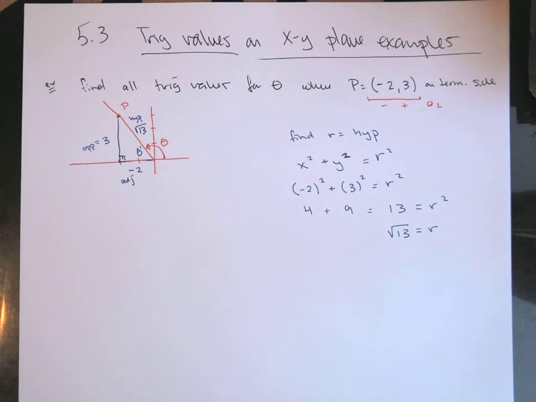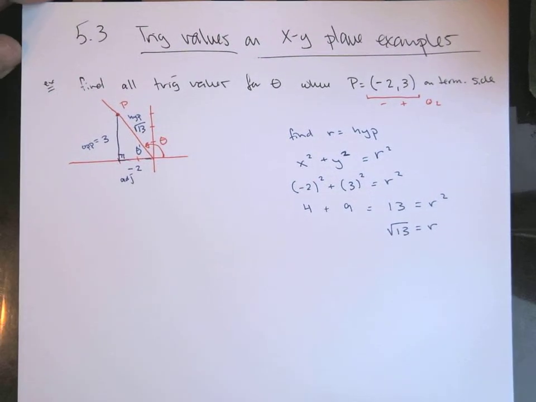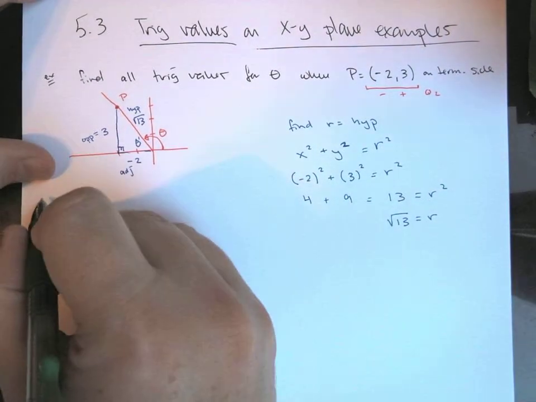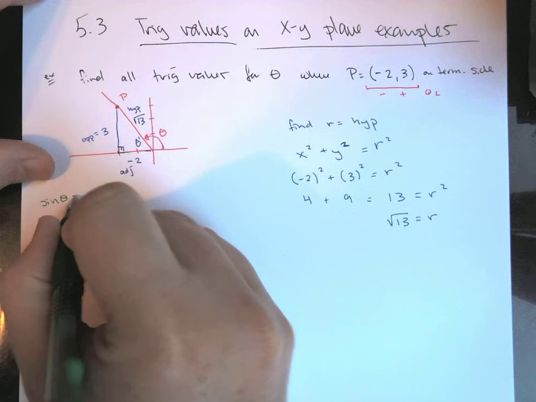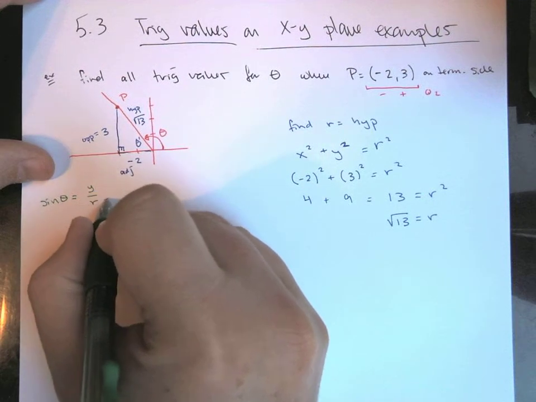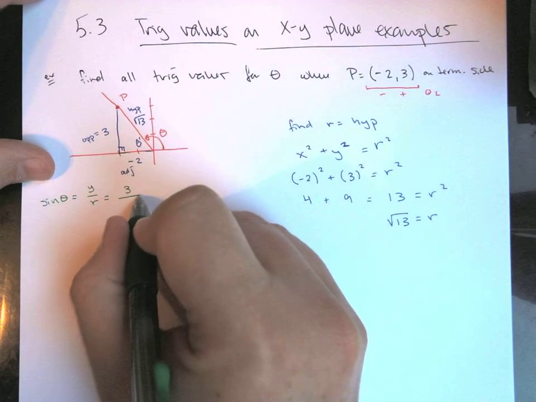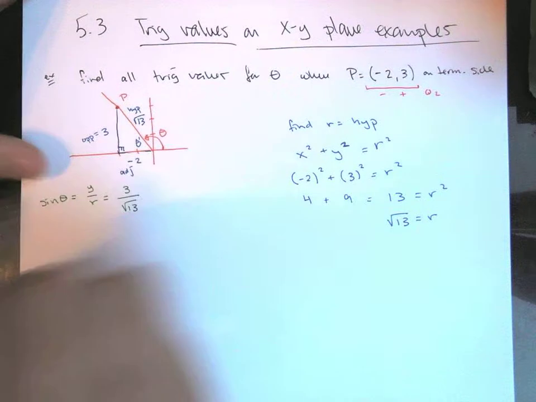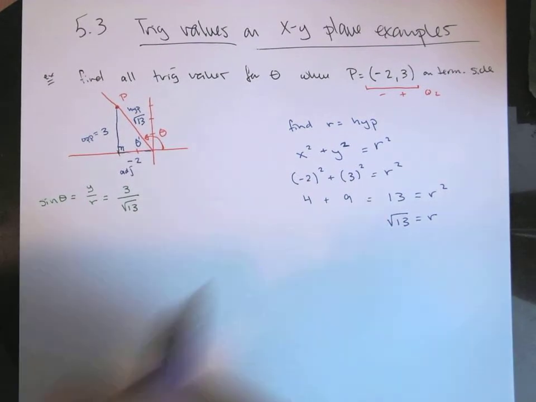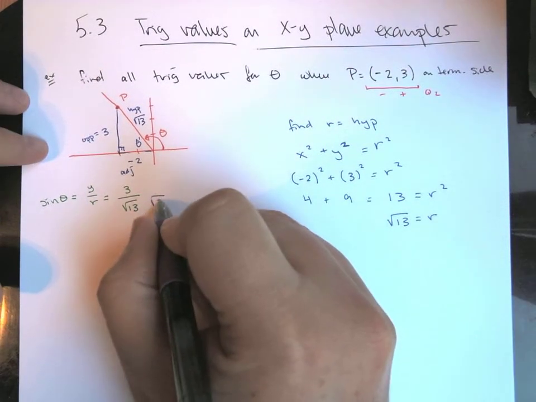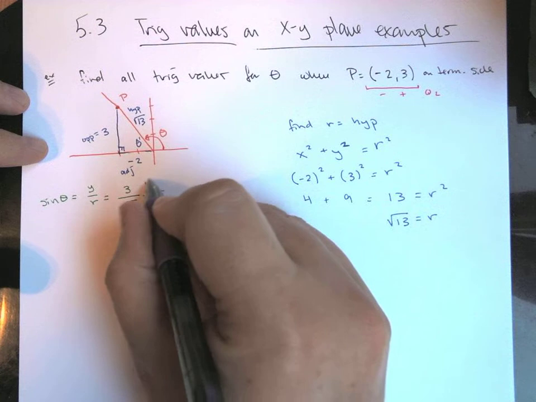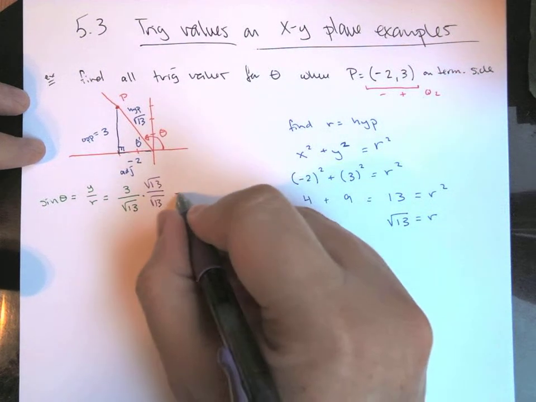So let's run these down pretty fast: sine, cosine, tangent, and then we'll flip them to get our reciprocals. Sine theta should be the y value divided by r, so that's going to be 3 over root 13. Got to rationalize, so we'll do root over root.